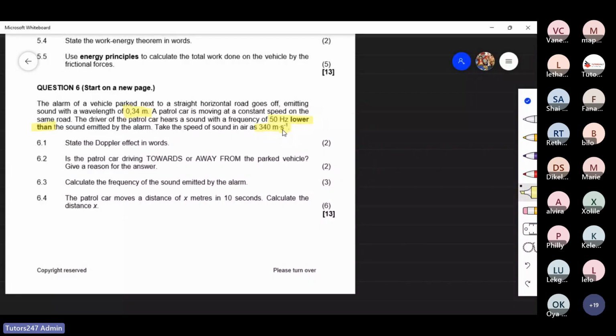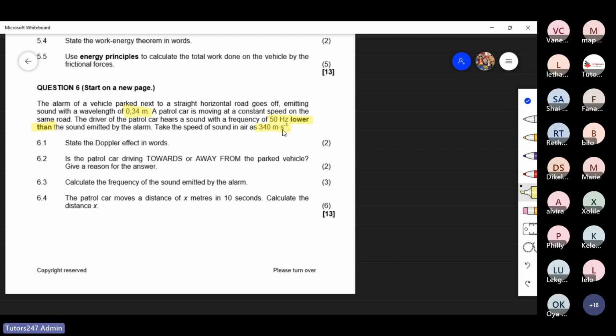Let's say, for example, for whatever particular reason the alarm starts to go off. Maybe someone tried to break into the car. Maybe another vehicle drove past that particular car too fast. So whatever reason, this stationary parked vehicle is now emitting a sound from its alarm.